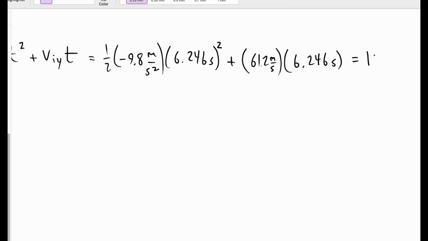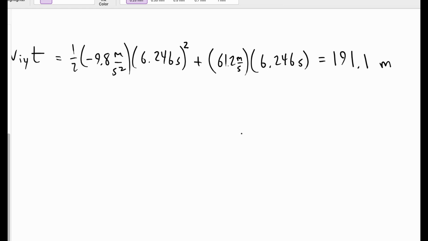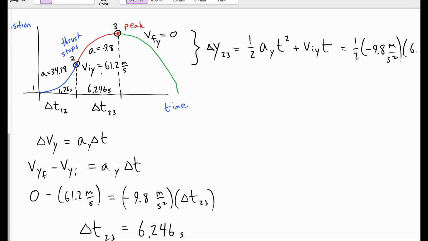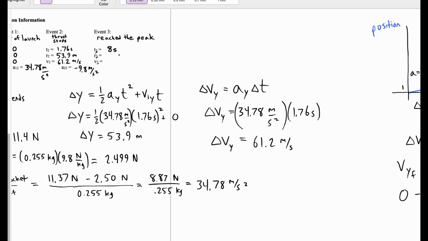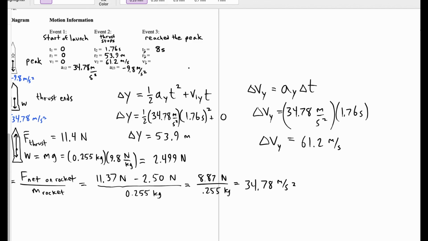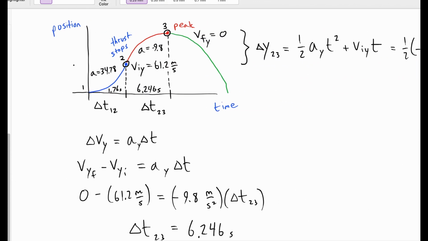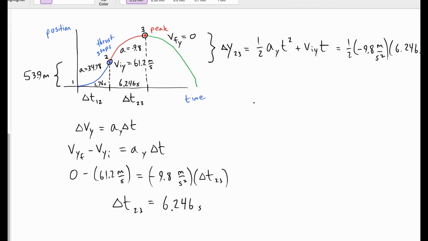I'm getting 191.1 meters. That is in addition to the 53.9 that we already traveled during the thrust phase. So we're going to want to add them two together so that we get the total height.